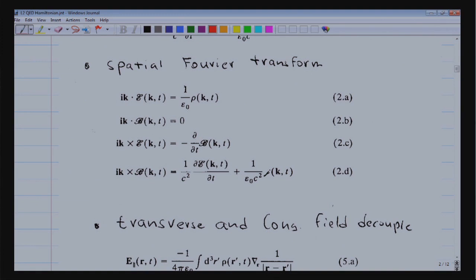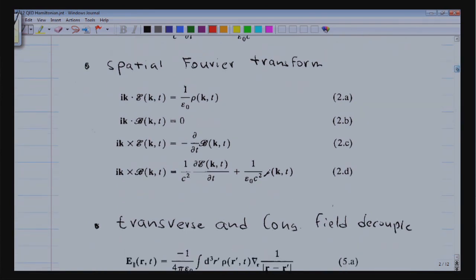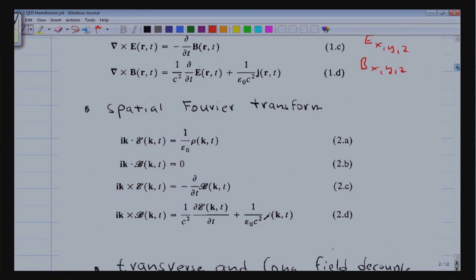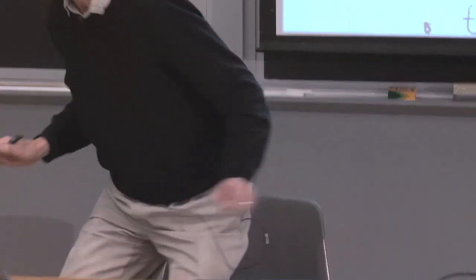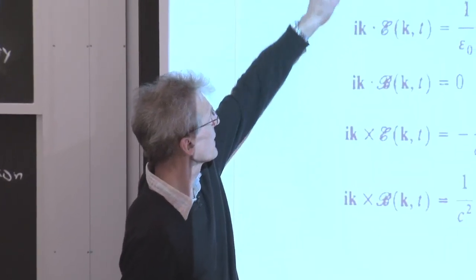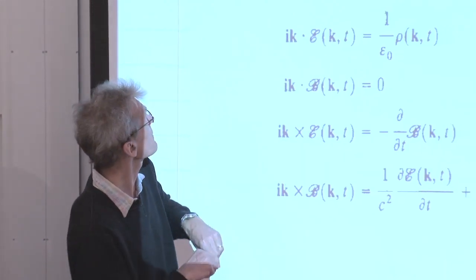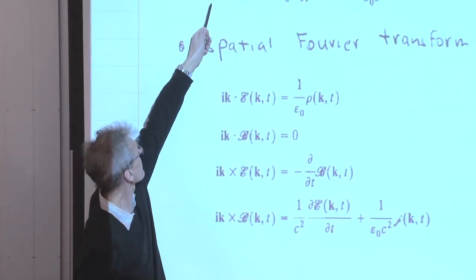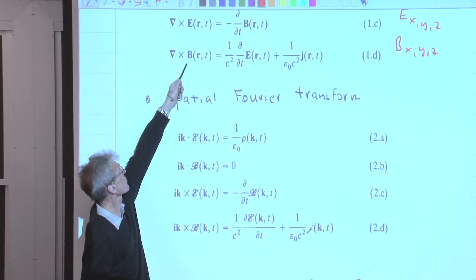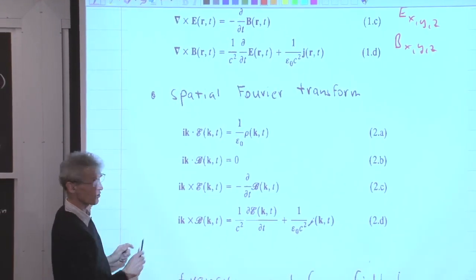And if we do so, we introduce an expansion into plane waves. And what then happens, of course, is that the derivative operator becomes the k vector. So therefore, when you had Maxwell's equations with the curl, del cross B, it turns into k cross B.